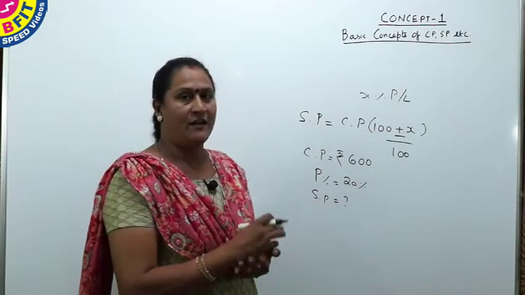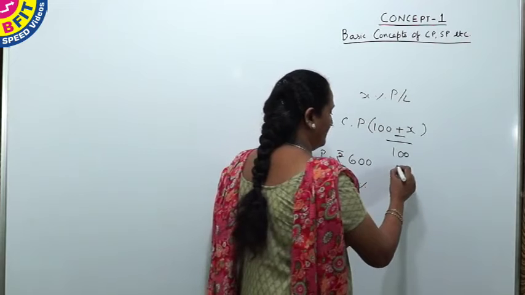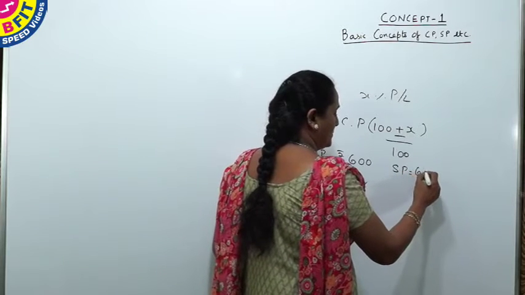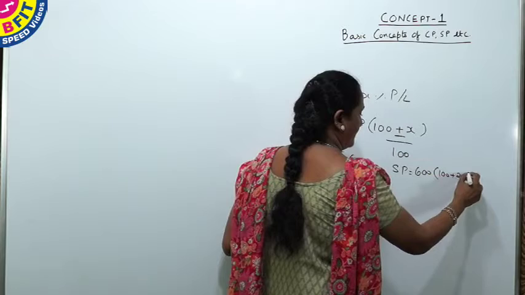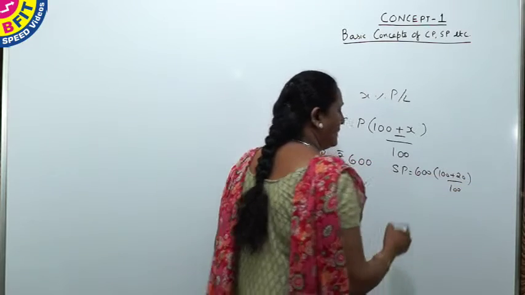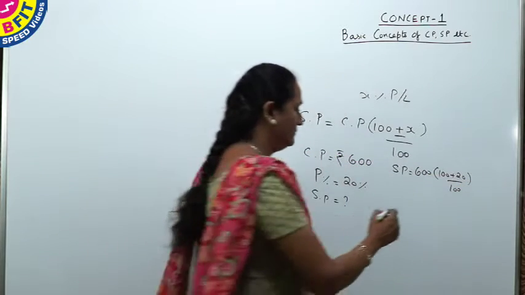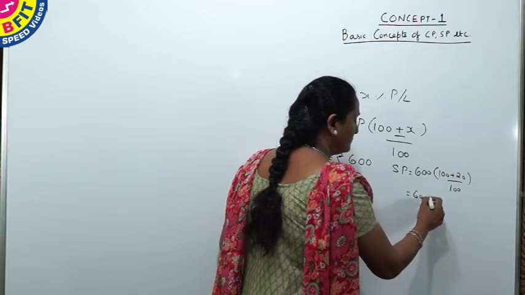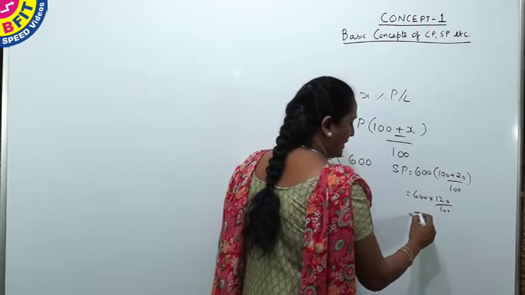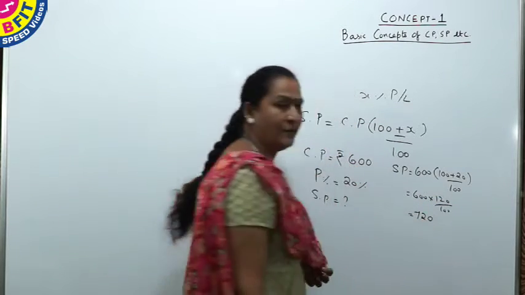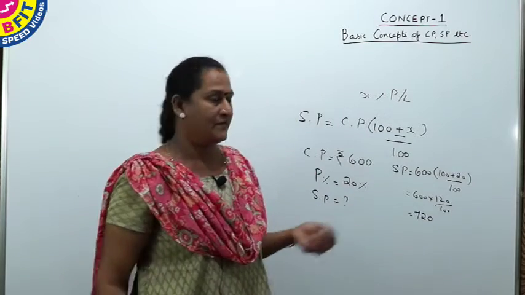So you add 20 to 100. So 600 into 120 by 100 will give you the selling price. After simplifying we get 720. So rupees 720 is the selling price.